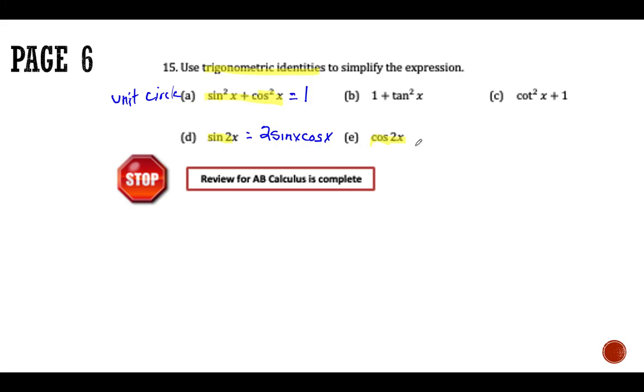Cosine 2x doesn't come up as often, and it's a little less useful because there are 3 different identities that go with this. It could either be cosine squared x minus sine squared x, or it could be 2 cosine squared x minus 1.